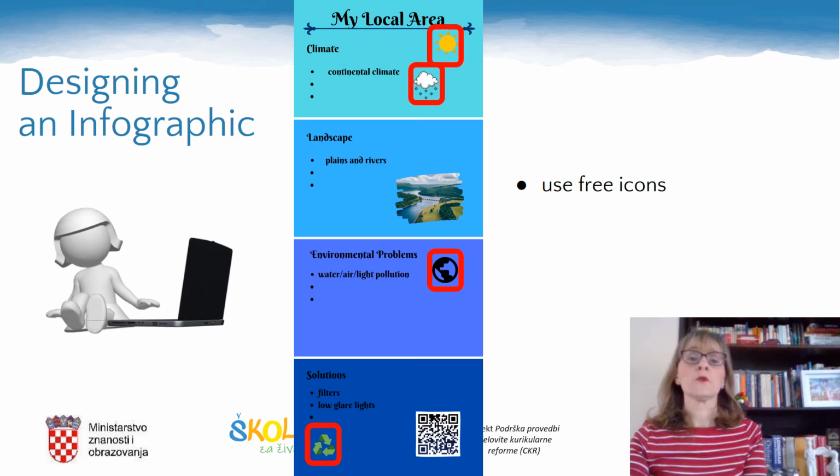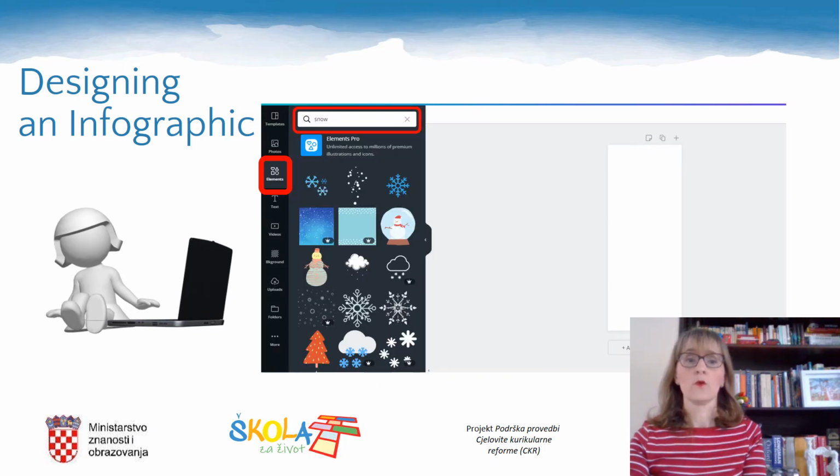You can find some on the internet and upload them into Canva. Just be sure they're free. Or again, you can find icons in Canva as well. Type in what you're looking for and see what Canva has to offer. You're ready now to create your own infographic about your area.